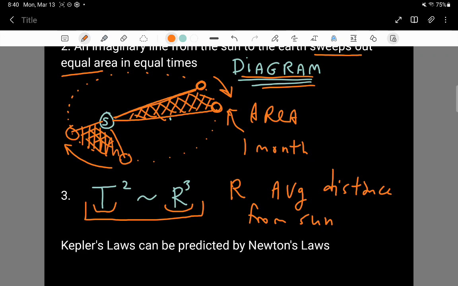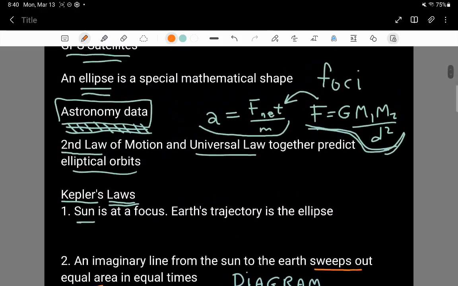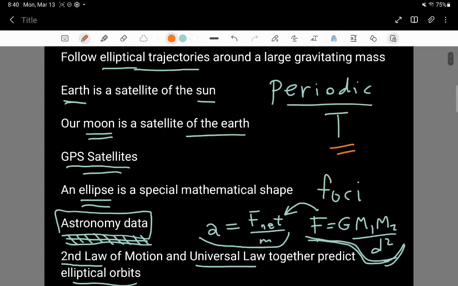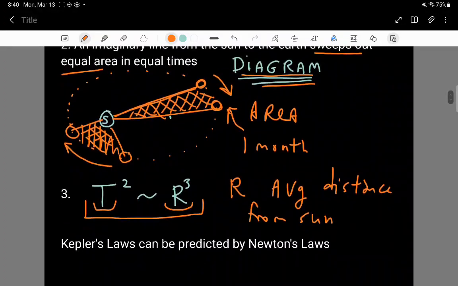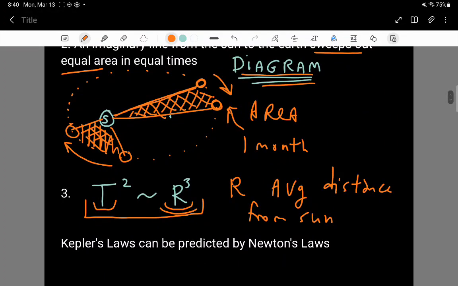So the way that you could use this, for example, is what if you want to put a GPS satellite up above the surface of the Earth? Let's say that you want this satellite to live at a distance of 1 mile from the surface of the Earth. So 1 mile from the surface of the Earth has something to do with this radius.